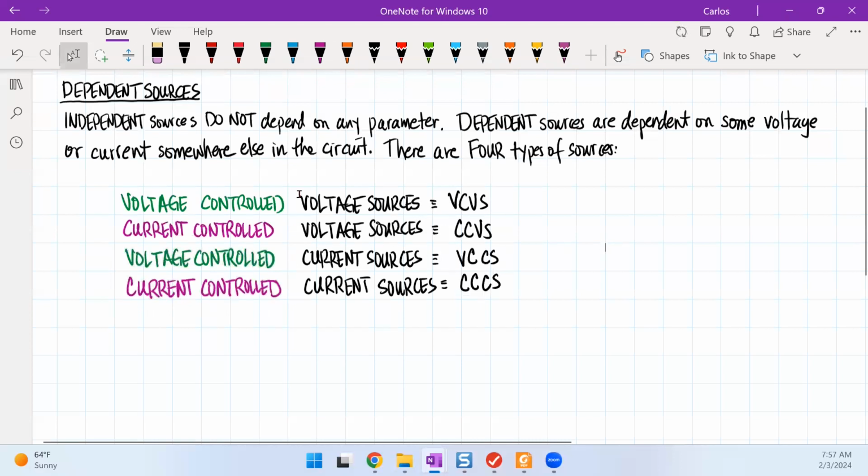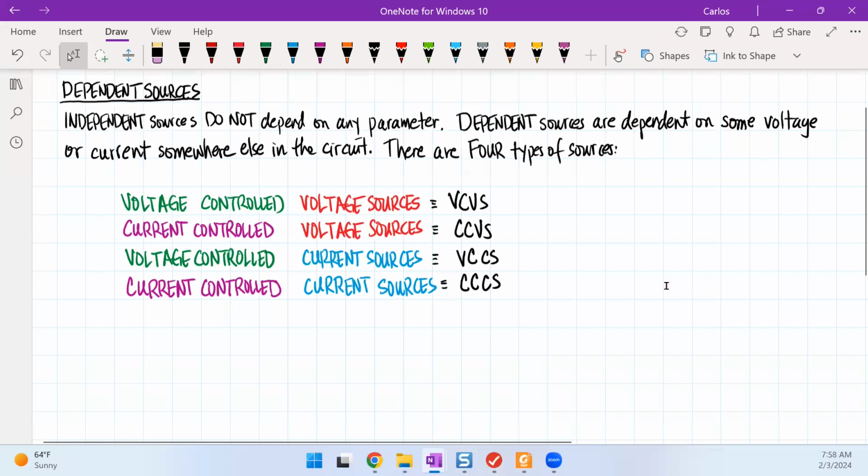But we still have the same voltage sources as we did before, and we still have the same current sources that we had before. So that's what we mean by that.